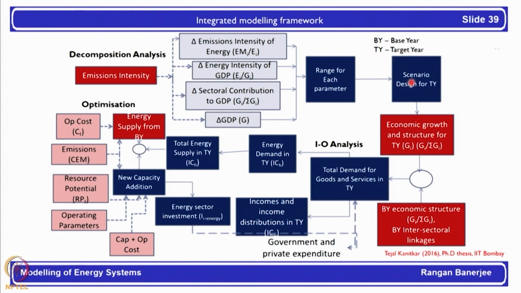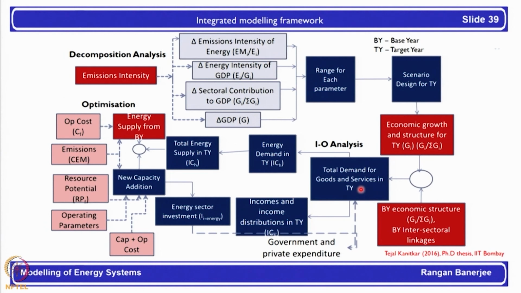We projected different possible scenarios for India in terms of industrial growth, services growth and agricultural growth, and based on that we took an input output model with some coefficients.